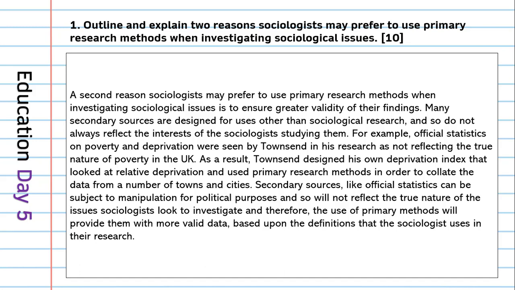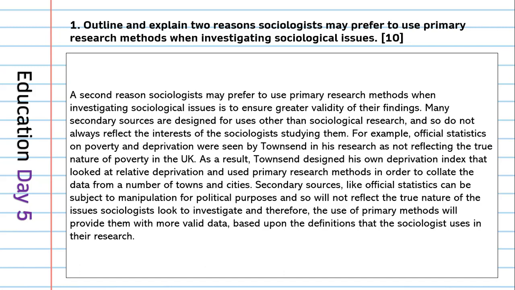As a result, Townsend designed his own deprivation index that looked at relative deprivation and used primary research methods in order to collate the data from a number of towns and cities. Secondary sources like official statistics can be subject to manipulation for political purposes and so will not reflect the true nature of the issues sociologists look to investigate, and therefore the use of primary methods will provide them with more valid data based upon the definitions that the sociologist uses in their research.